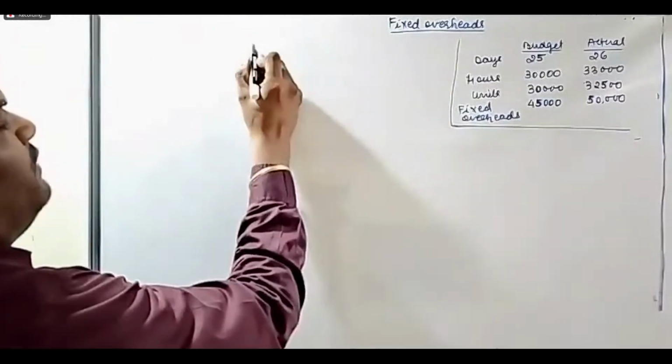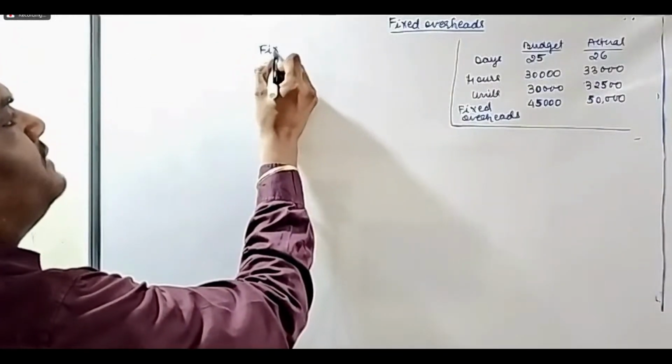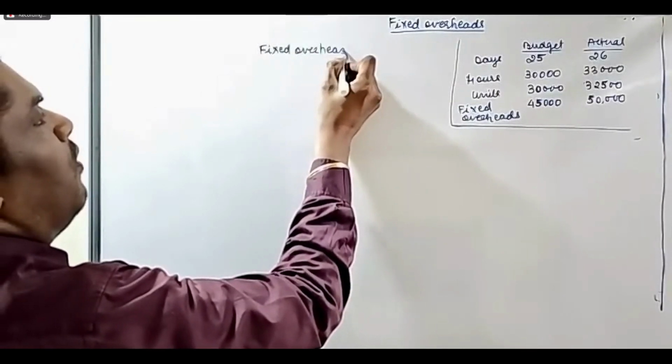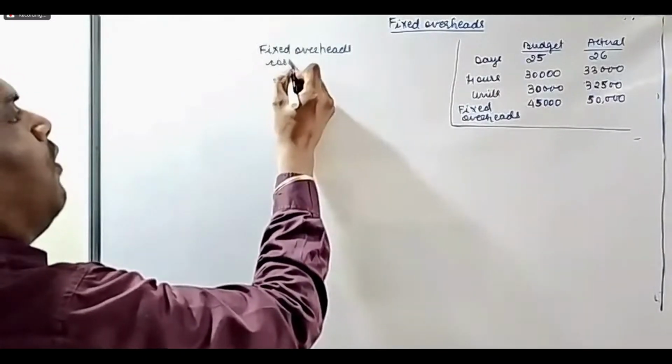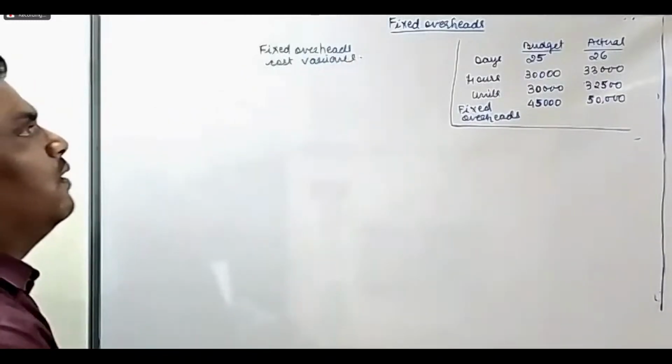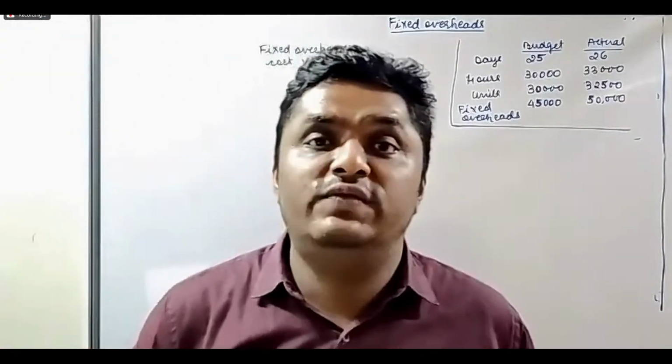So the first thing we will calculate is fixed overhead cost variance.